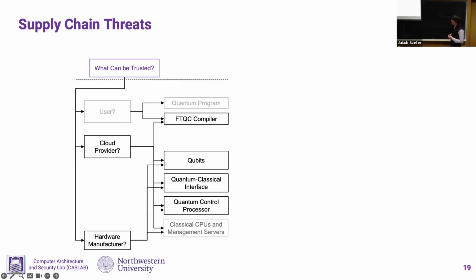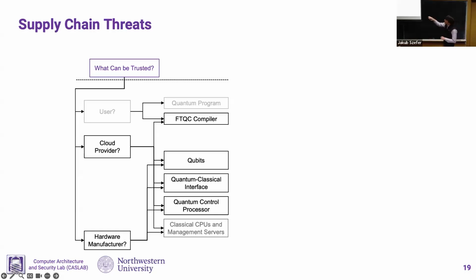If you don't trust the manufacturer, or maybe the manufacturers outsource some of the components to other companies, then maybe the controller that they distribute has some problems. Maybe the FPGA is compromised, or maybe they manufacture some extra circuits on the quantum chip that you don't know are there. So the supply chain really is about how the hardware could be modified or have some extra functionality.